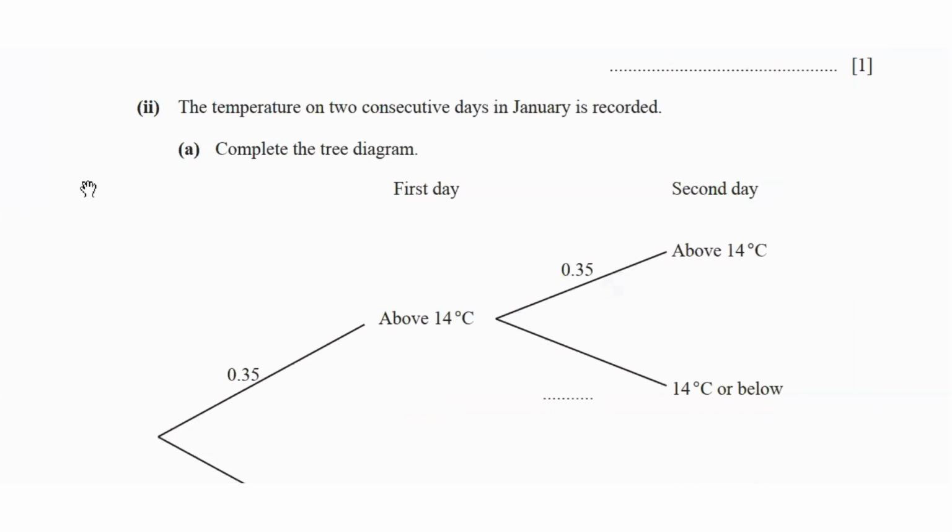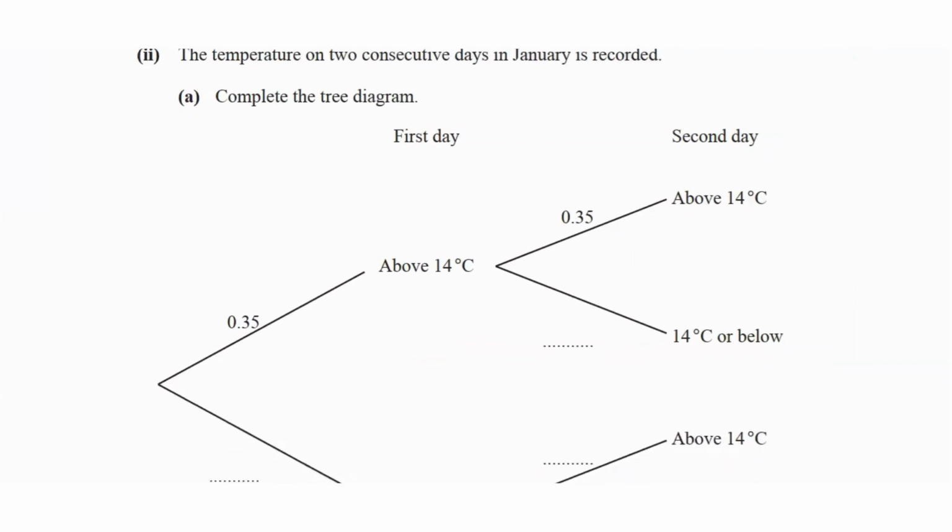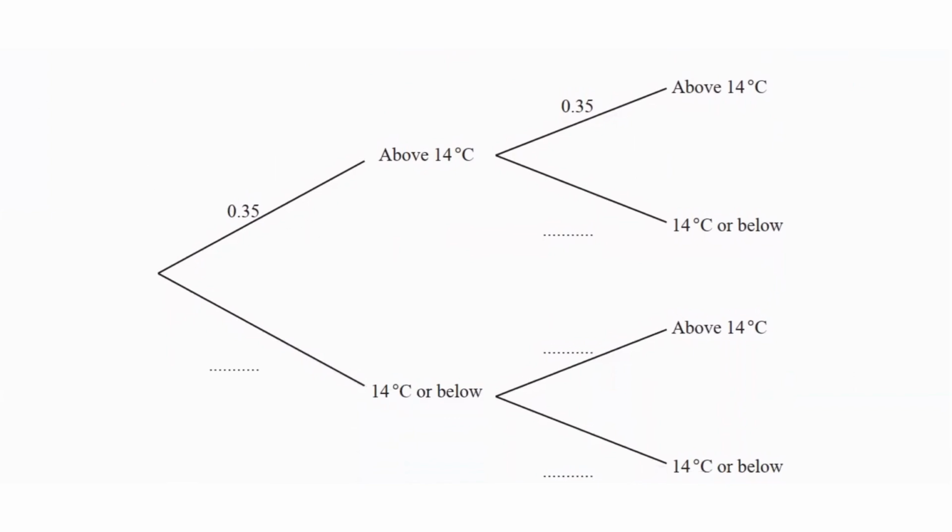Then it says the temperature on 2 consecutive days in January is recorded. Complete the tree diagram. So for this it would be 1 minus 0.35, which is 0.65. So same 0.65 over here, 0.35 over here, and 0.65 over here.